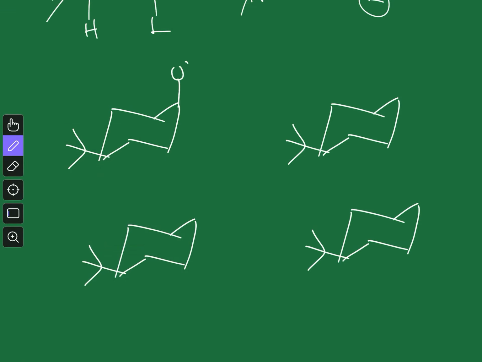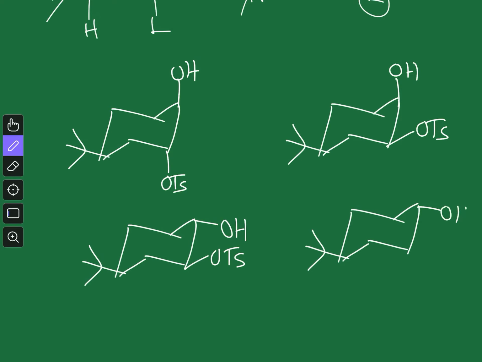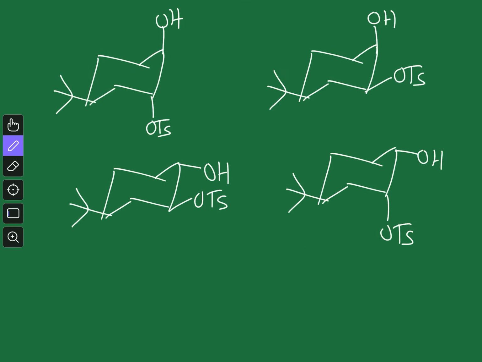Either this OH and OTS, that is the leaving group, can be both axial, or the OH is axial and this OTS is equatorial, or both this OH and OTS are equatorial, or OH is equatorial but OTS is axial. So these 4 options are possible, and all these 4 molecules when treated with, let's say, sodium hydroxide, what will be the product?